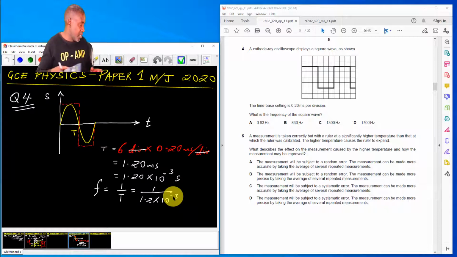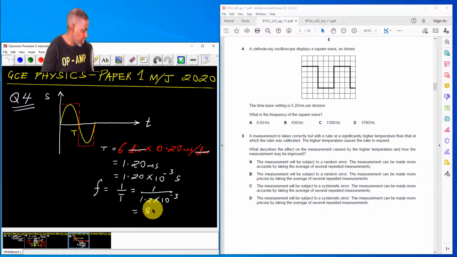So let's see what we get from there. So I'm going to get 1 divided by 1.2. First of all, just get that, then multiply it by 1000, because the inverse of this is just 1000, and I get 833.